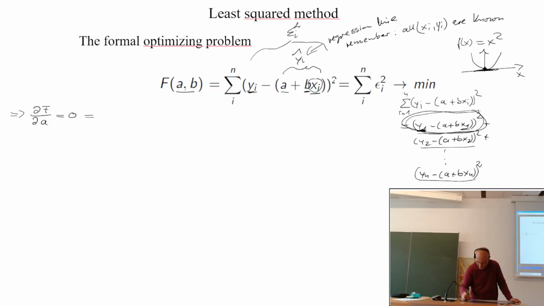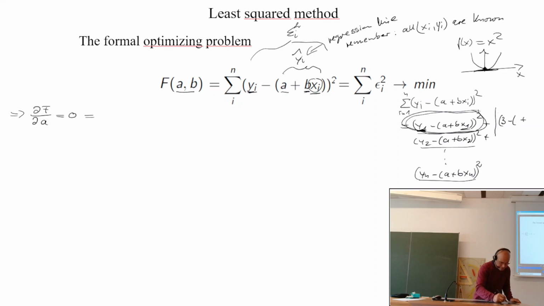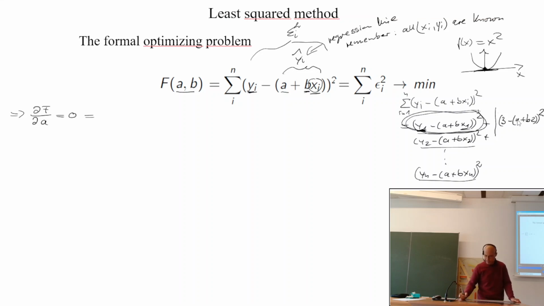Maybe as an example, let's say this is 3 minus a plus b times 2 squared. And this is now a function f of a. What is then f prime of a?